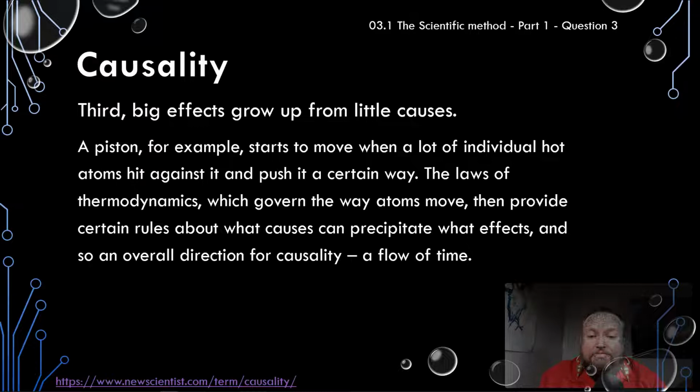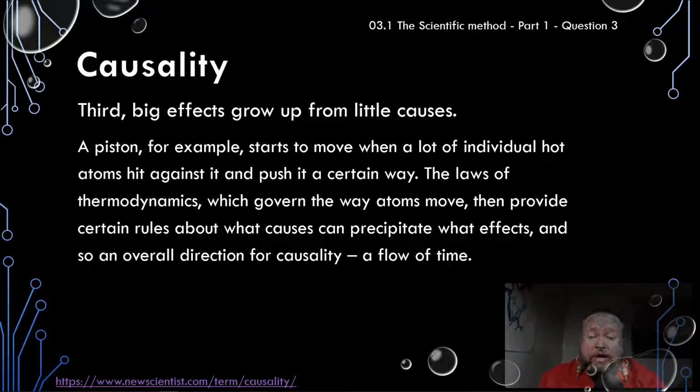Third is that big effects grow up from little ones. If we're seeing lots of things, maybe there are multiple reasons or causes that we could dig deeper into. Going into a physics example, take a piston, something you see in a car engine. It starts to move when a lot of individual hot atoms hit against it and push it in a certain way. In a car, gas is ignited, it explodes, and the piston moves down.